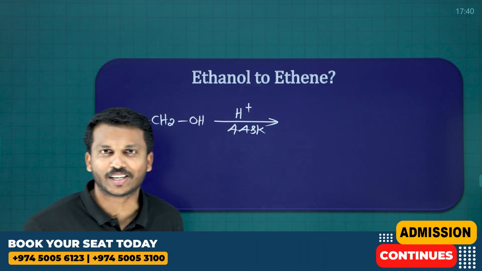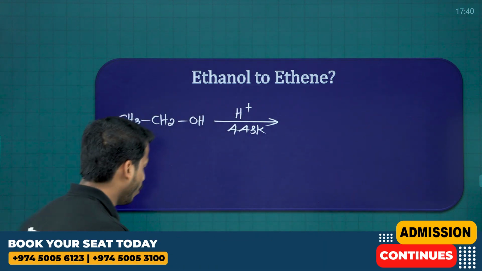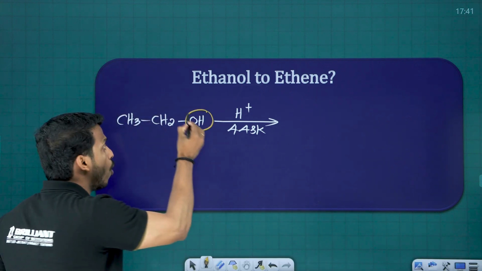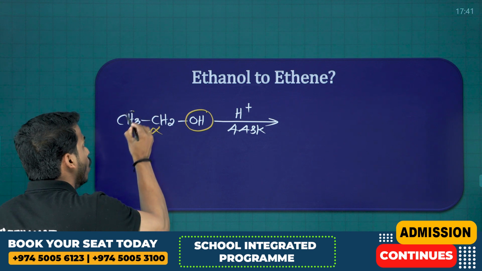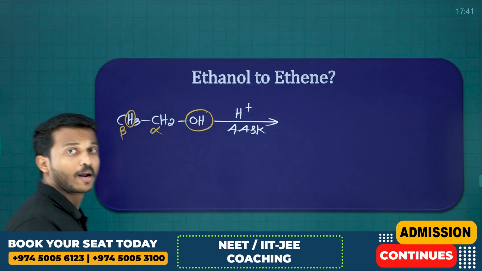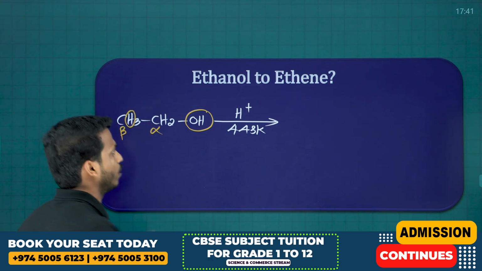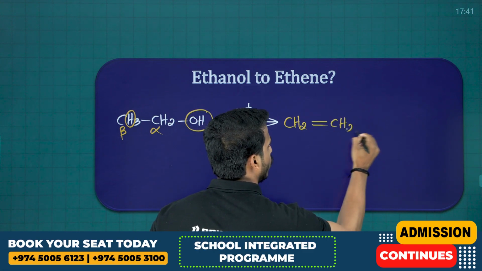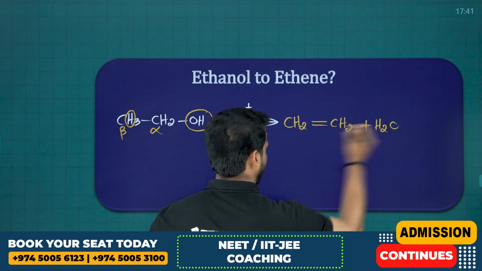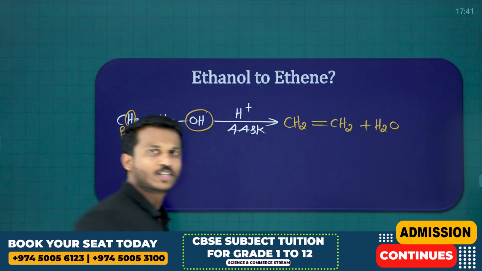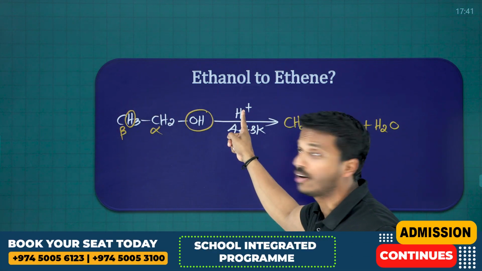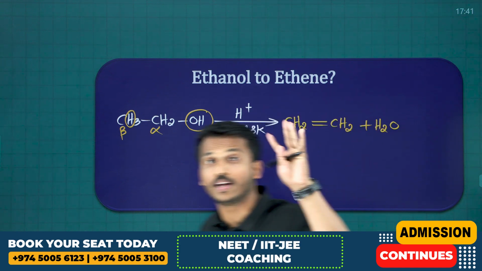What do you mean by dehydration? Removal of water. How do you remove water from this? Take OH from the alpha carbon, one hydrogen from the beta carbon, and make a double bond between alpha and beta. So the product is CH2=CH2 plus H2O. This is ethene.